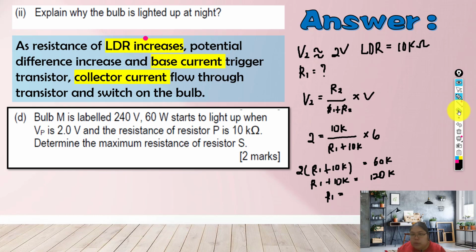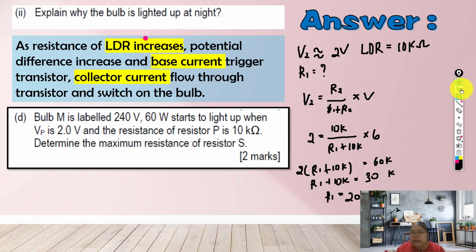Sorry, this one is not multiply, this one is divide. So after dividing, it becomes 30. So we just write 30. So 30 minus 10, your left is 20 kilo ohm. So from here, there's 20 kilo ohm for resistor S.